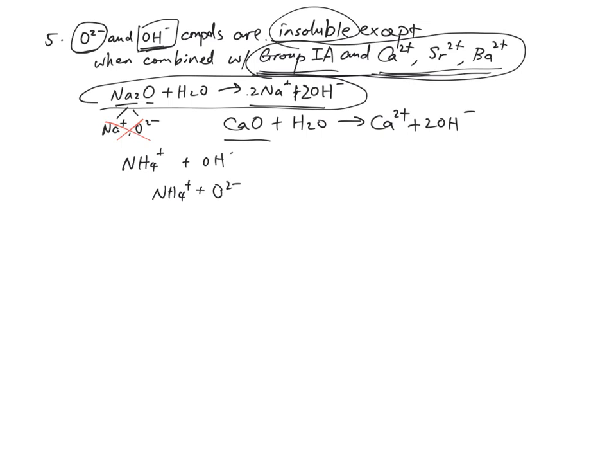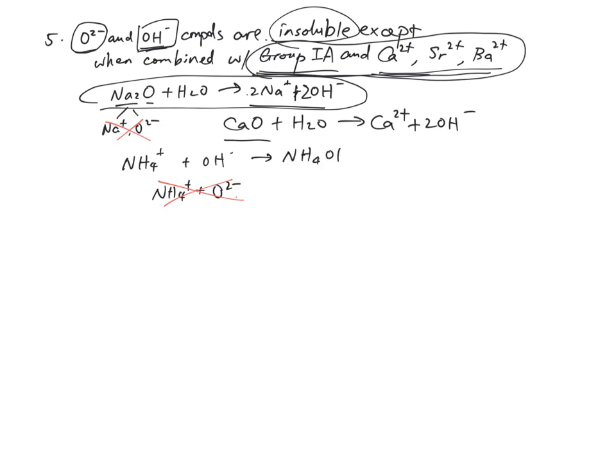Well, ammonium and oxide won't make a compound, period. These two just don't get together. Ammonium and hydroxide could get together, but when these two get together, the result is not an ionic compound.